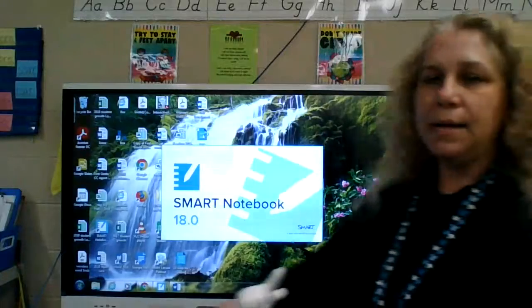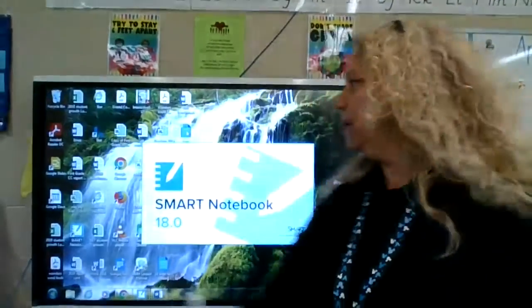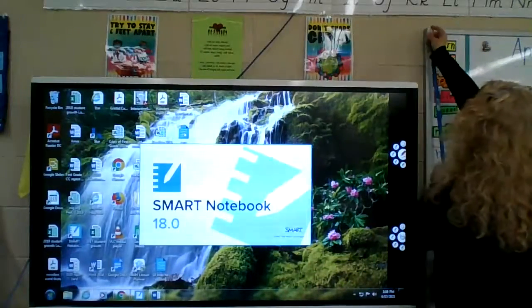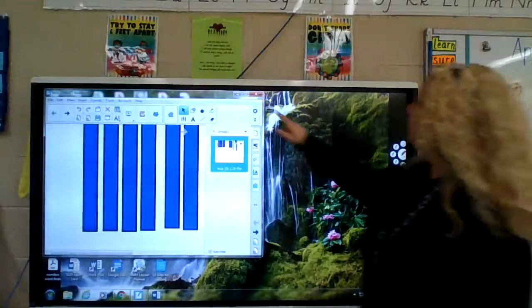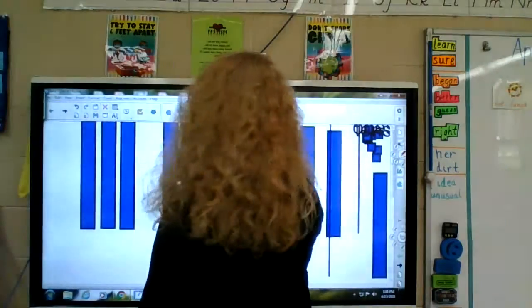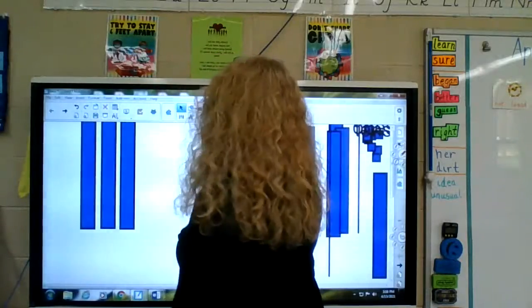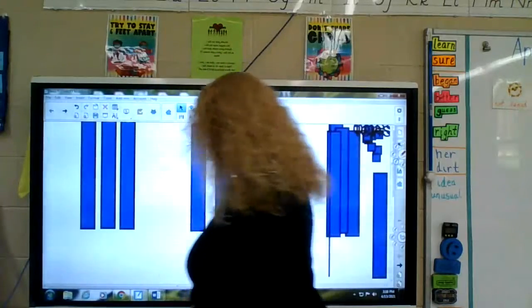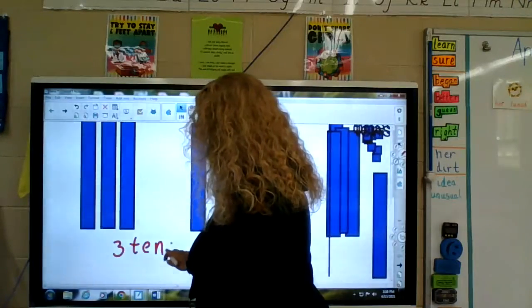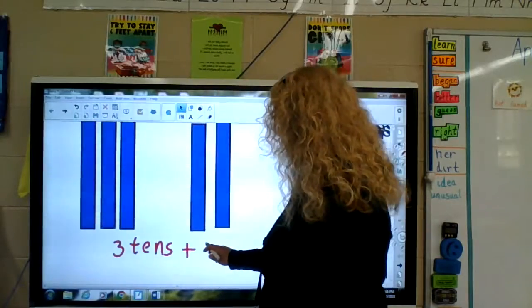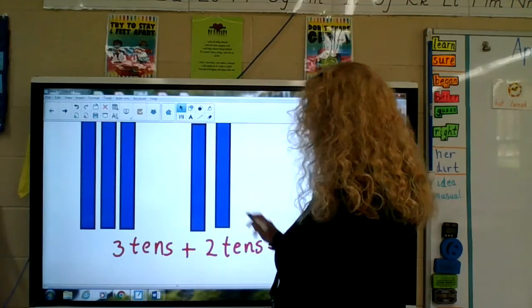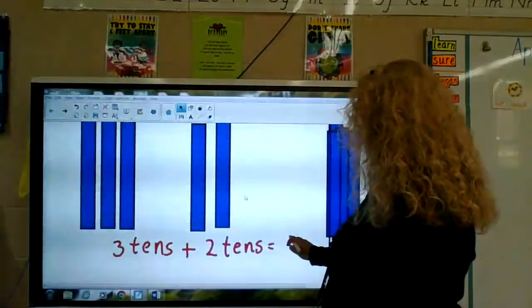We learned how to add tens, like 30 plus 20. We said 3 tens plus 2 tens equals 1, 2, 3, 4, 5. 5 tens.